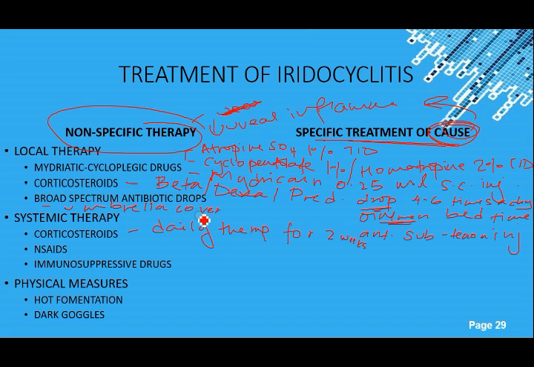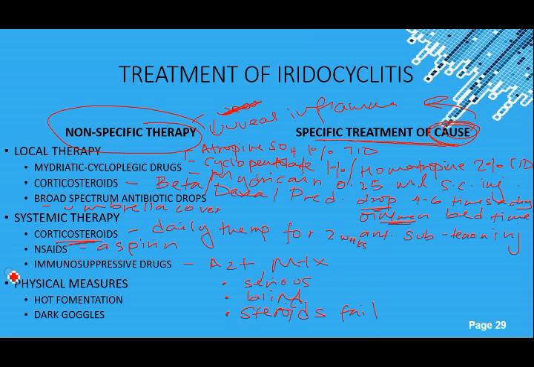NSAIDs, aspirin, normally this is given when the corticosteroids are contraindicated. You also can give immunosuppressive drugs, AZT, MTX. This again is in very serious cases, where the patient is going to get blind, or if my steroids are failing, then you go for this. Otherwise, not really.